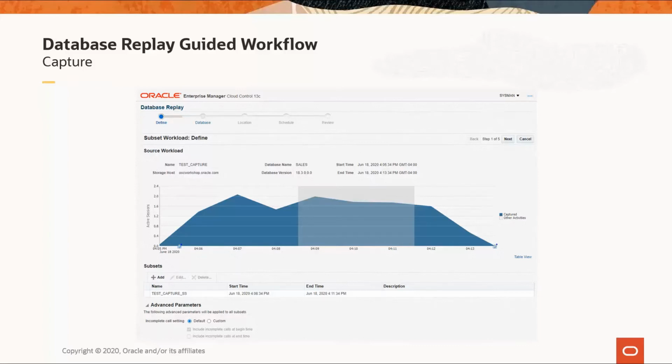That means, let's say in this example, I capture 8 minutes of the workload from production, but I just want to replay 3 minutes out of those 8 minutes that I captured, right? That means that you have the ability using Oracle Enterprise Manager to subset this particular capture and just replay that subset, that small part of the capture, into a test system, okay?